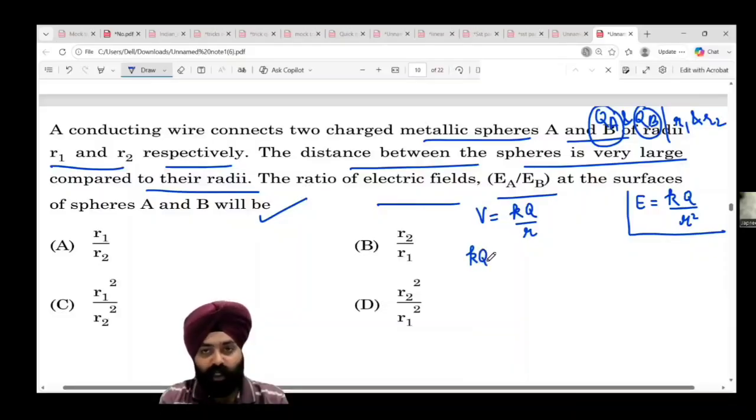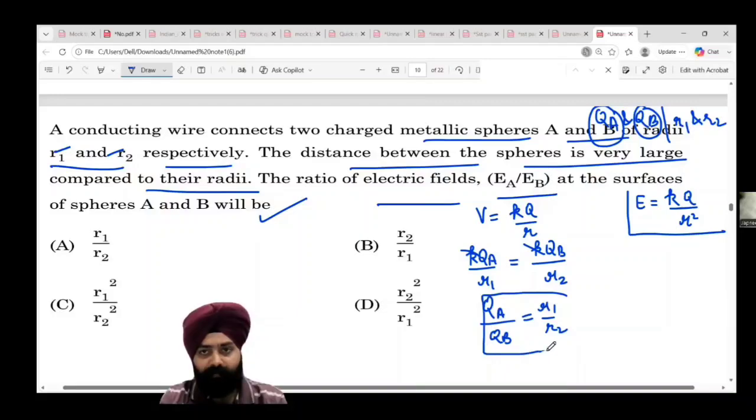So let's suppose KQA upon R1 equals KQB upon R2, right? Radii R1 and R2 are already given, so I have supposed the charges QA and QB, okay? K and K cancel out. From here I can get QA upon QB equals R1 upon R2. Done.